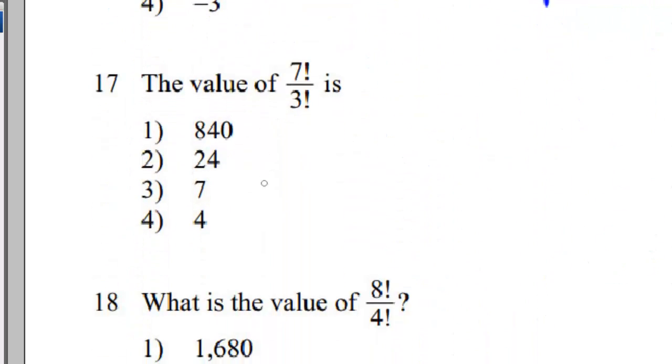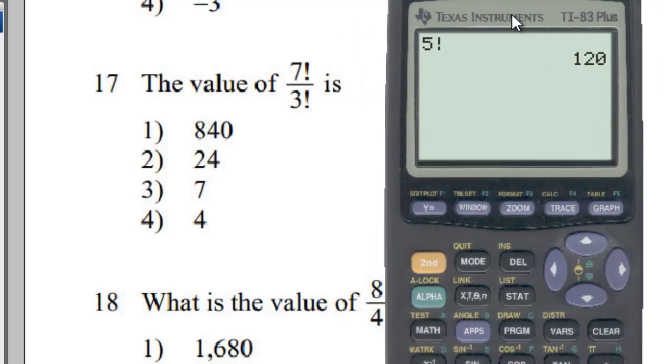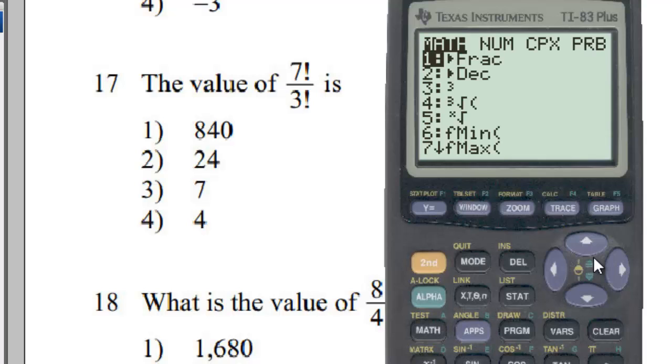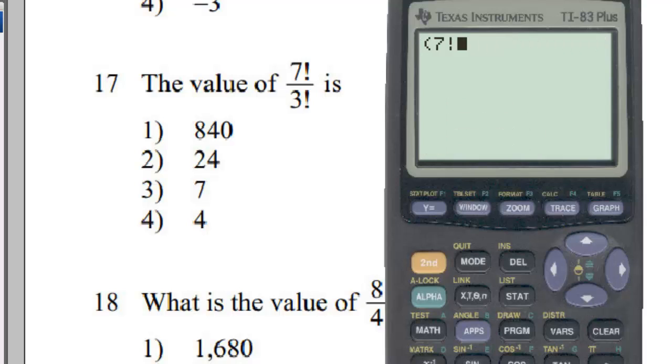So number 17 says the value of factorial 7 divided by the factorial of 3 is what? So let's go to our calculator, and we're going to use that little method we just covered to help us out with this option. So what we can do is open parentheses and then 7. I'm going to do the factorial sign, so I'm going to go to math, over, and press enter.